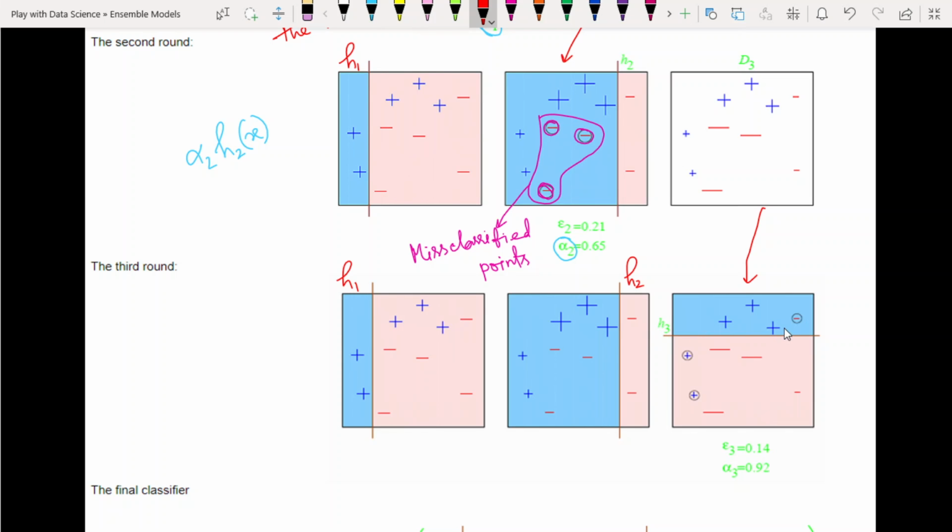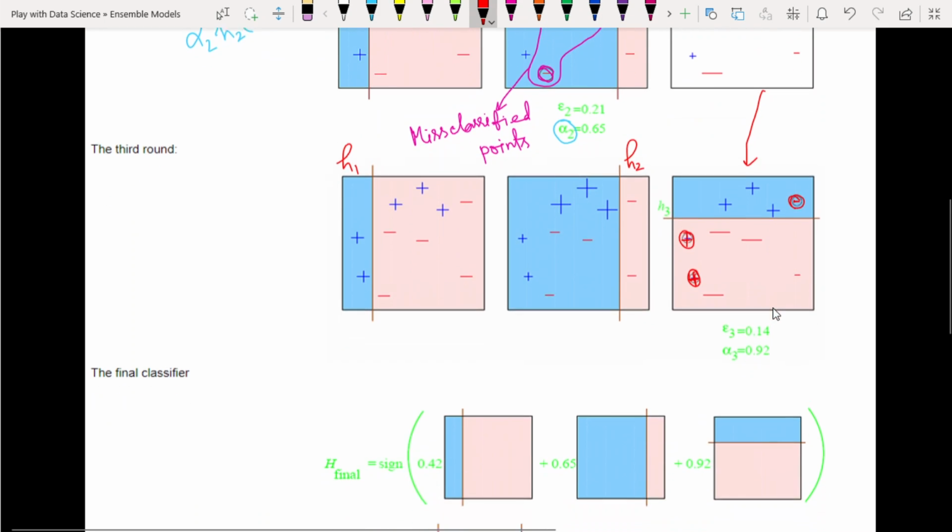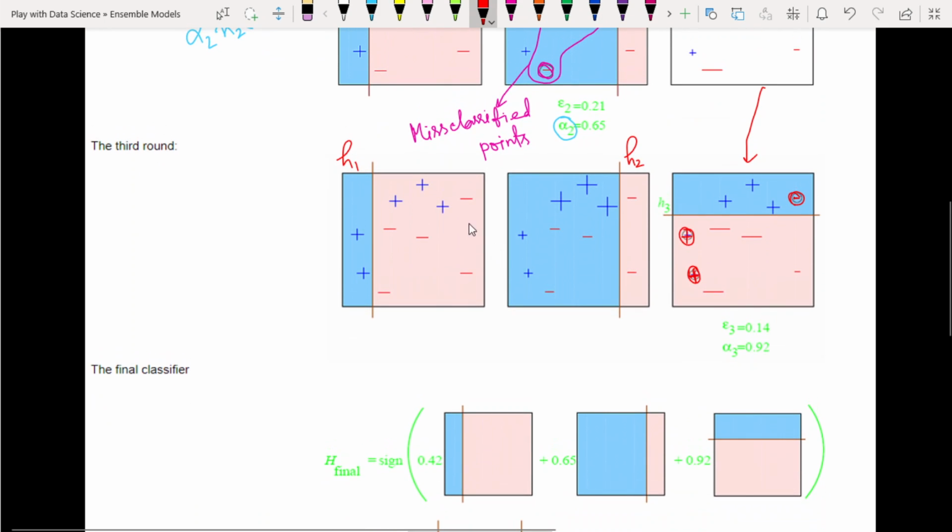And here we see that there is one misclassified point. Here is also a misclassified point, and here is also misclassified, and the rest of the points are okay. So here also we have 3 misclassified points, but the thing is that previously we built 2 models.